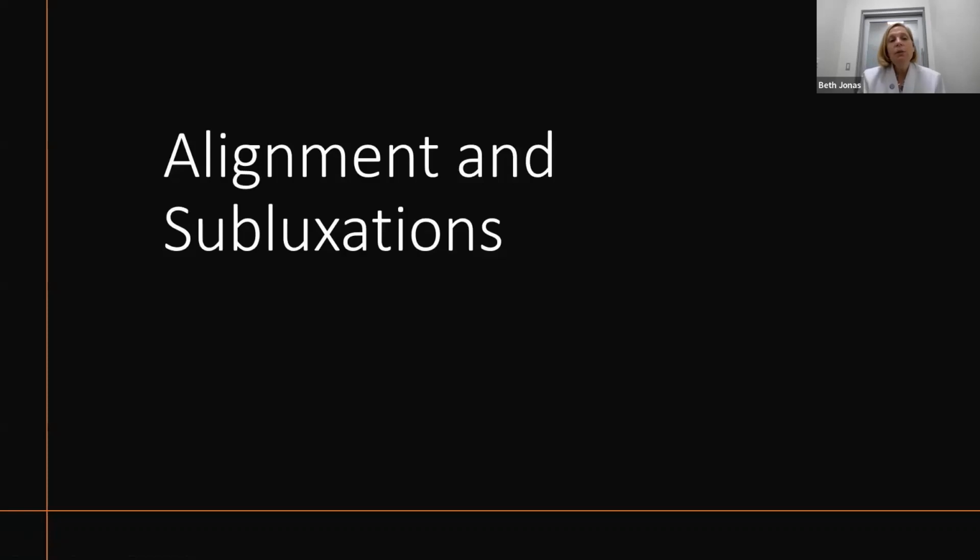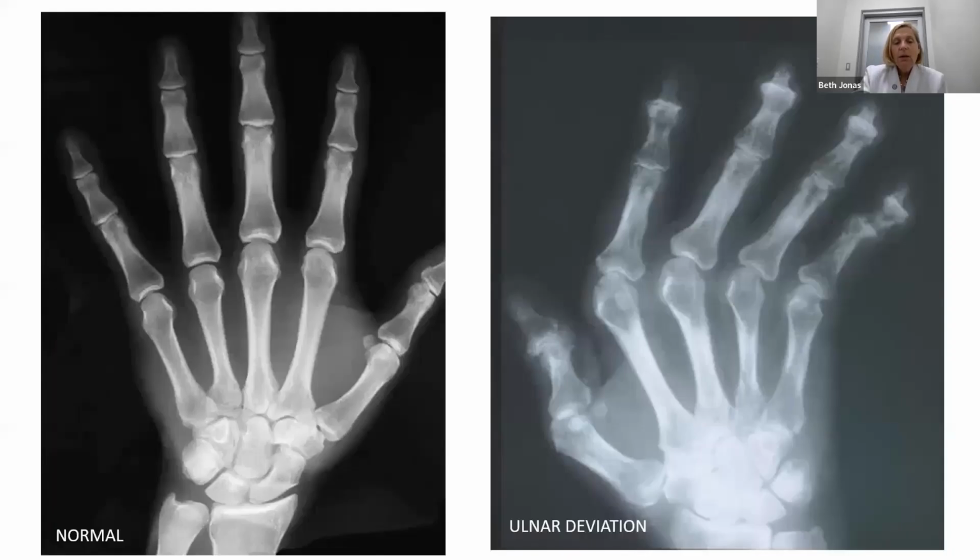So next, we're going to look at alignment and subluxations. Again, on the left, we see a normal radiograph of the hand. And on the right, you can see that the digits are deviated in the ulnar direction at the level of the MCP joints. So this is a characteristic finding in long-standing rheumatoid arthritis.